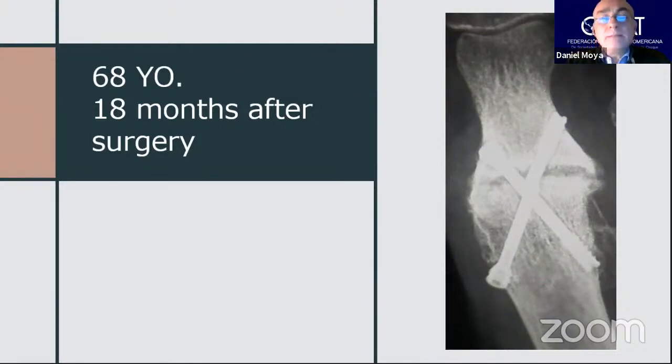And this patient was operated because of hallux rigidus, and there was a failed arthrodesis. I received the patient 18 months after surgery. There is a broken screw, so you can imagine that a revision surgery in this case would be complicated.